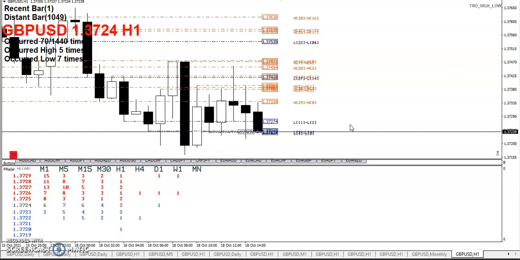But when they don't match up, then we know it's just the market doing what the market wants to do. So we might think price should bounce at this area, but price could just as well break through. And that's why we have stop losses.